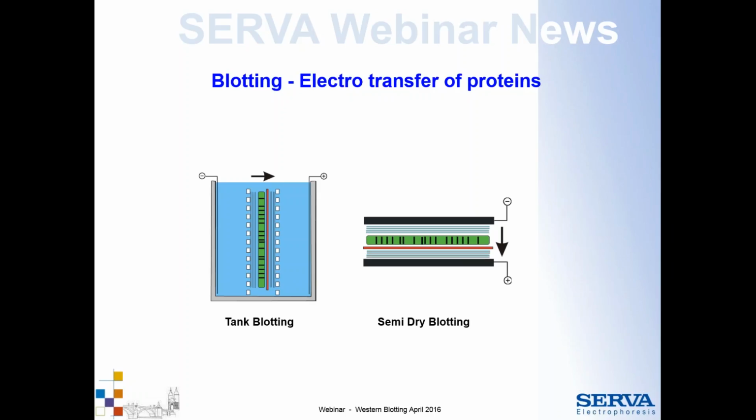In both methods the proteins are transferred from minus to plus, because in SDS page the proteins will get an overall negative charge, so the proteins are blotted towards the plus.